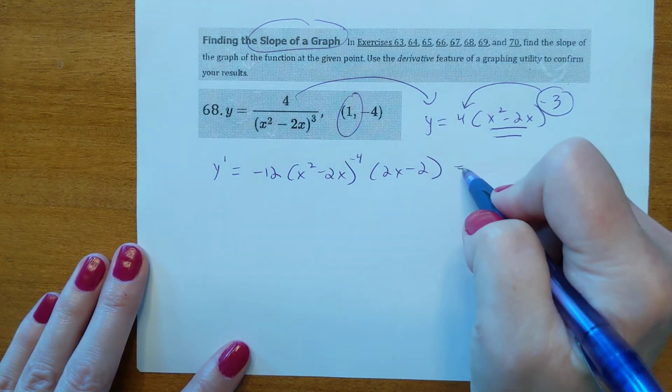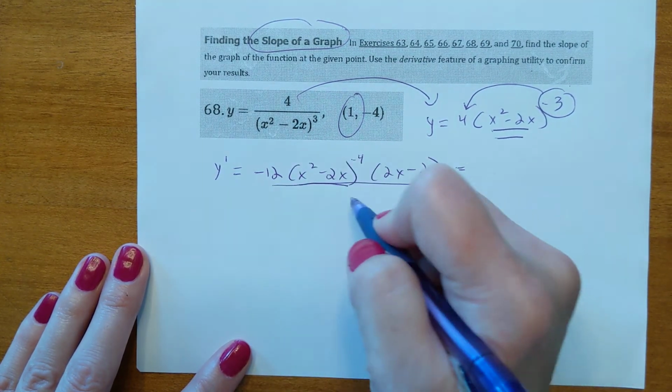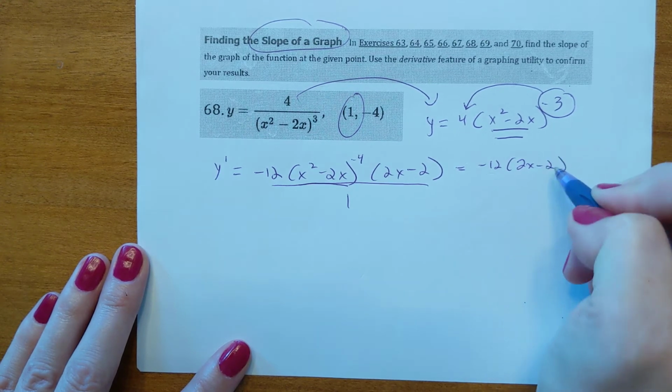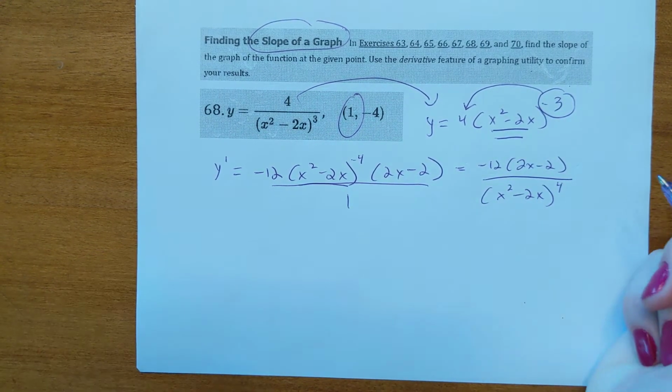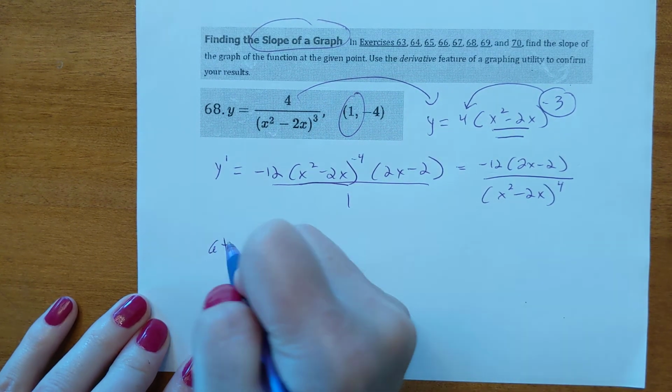So cleaning it up here, everything's on the top, but I'm going to float that down to the bottom. So on the top we have negative 12 times 2x minus 2, and then over x squared minus 2x to the 4th. All right, and again we want to know what is the slope when x is 1. So add x equal to 1.